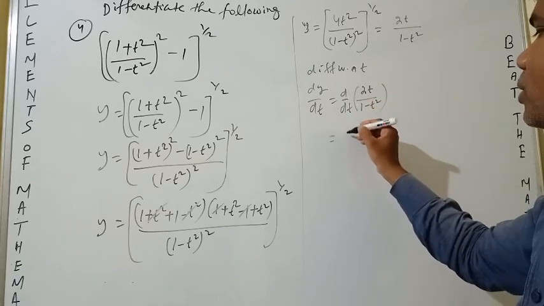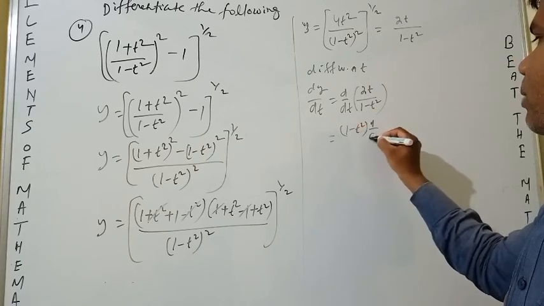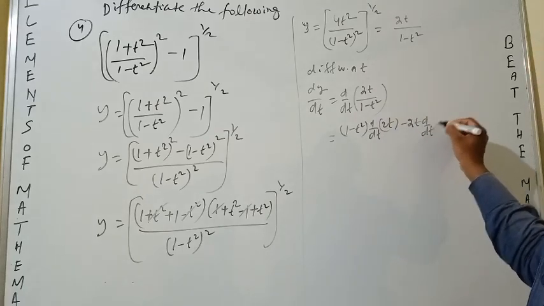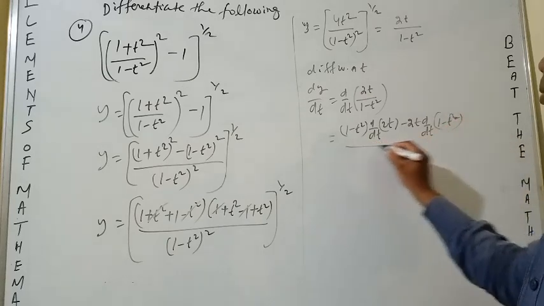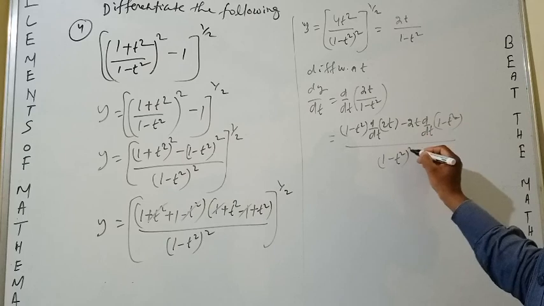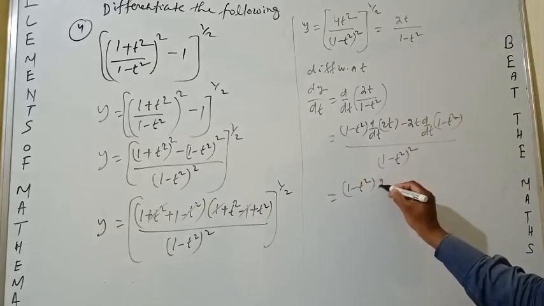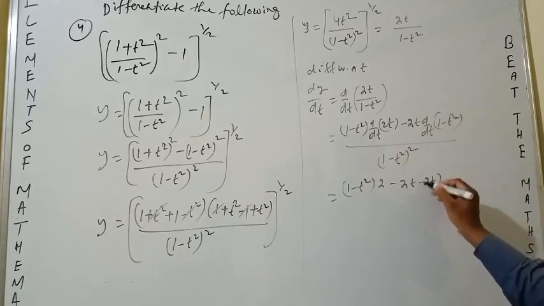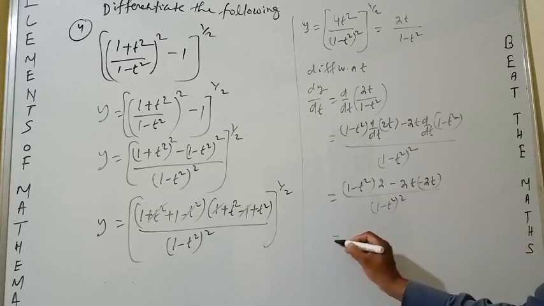The u by v formula can be applied here: 1 minus t square into d by dt of 2t, minus 2t into d by dt of 1 minus t square, divided by 1 minus t square whole square, is equal to 1 minus t square into the derivative of 2t, that is 2, minus 2t into the derivative of 1 minus t square, that is minus 2t, by 1 minus t square whole square.